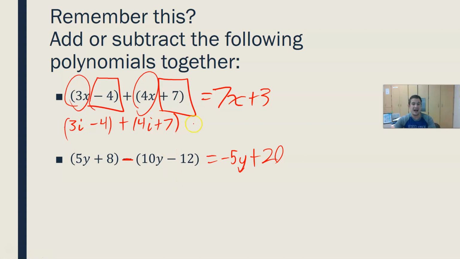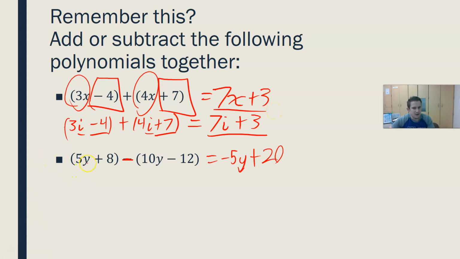If I were to add both of those together, how would that work? Well, I'm going to treat this i just like an x or a y. I'm going to treat it like a variable. So if I have 3 i's plus 4 i's, that's going to give me 7 i's. And then negative 4 plus 7 is going to give me a positive 3. See the similarities here? See what's going on?